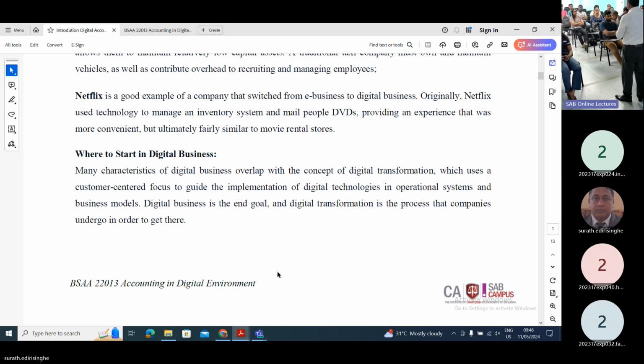So many government institutions are now trying to convert from manual to a digital platform online. This is called digital transformation.